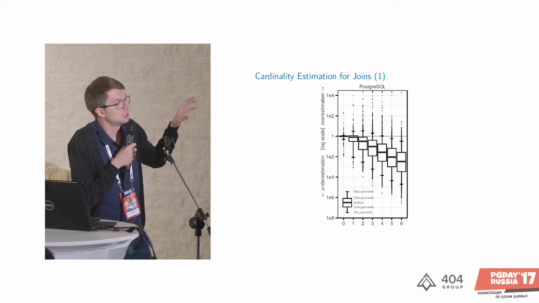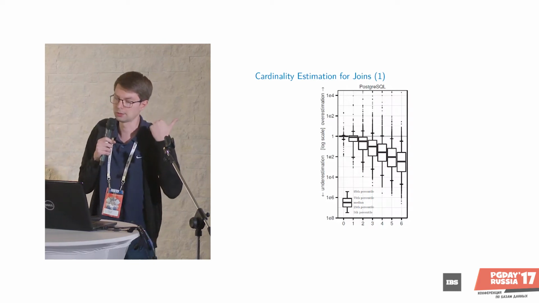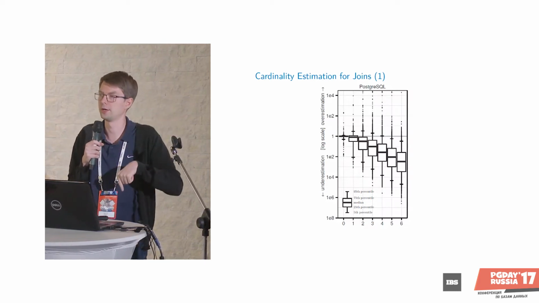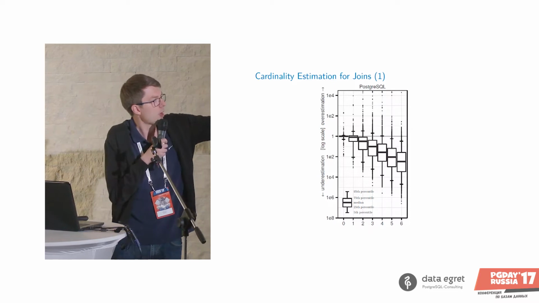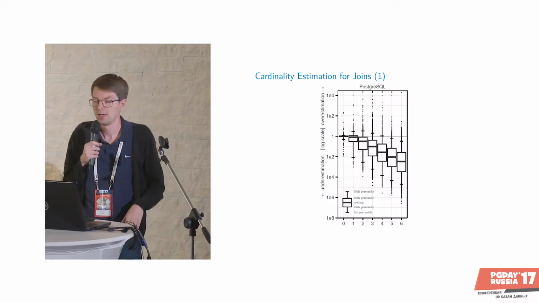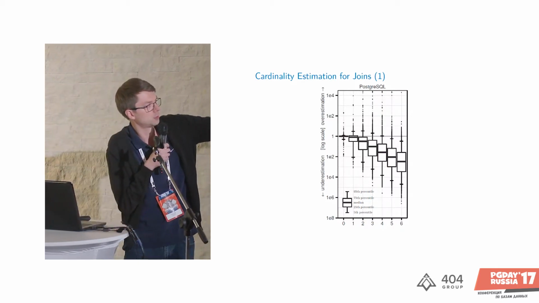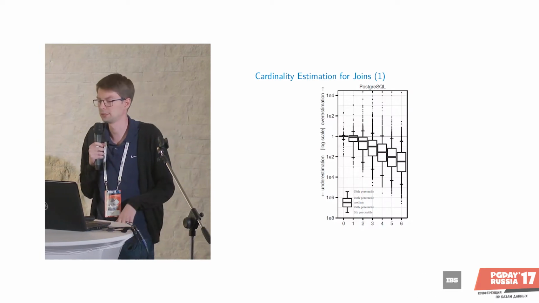On the vertical axis, you see again the factor by which you're off, right? And here we actually distinguish between overestimation and underestimation, right? So this gray line in the middle, that's where you want to be, right? And we show one box plot summarizing all these results for that size.